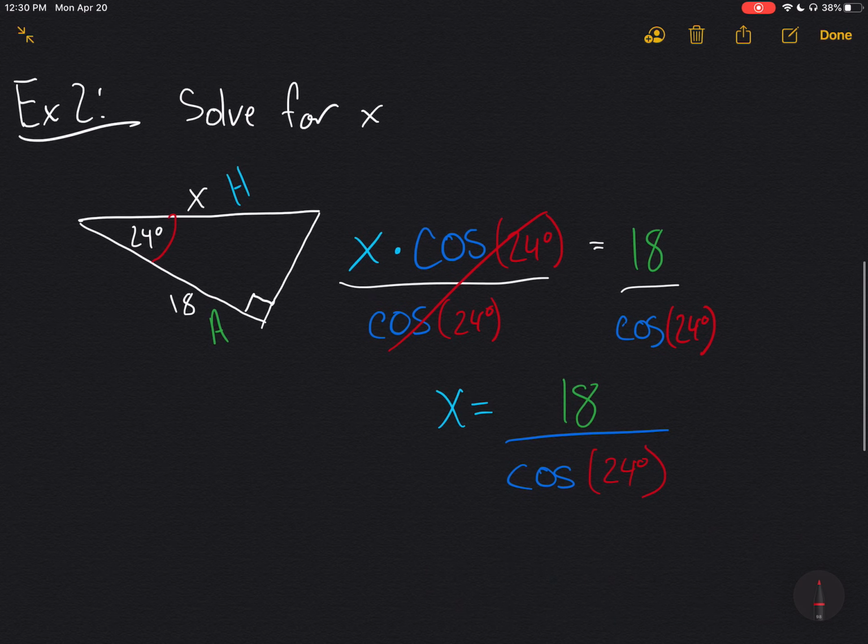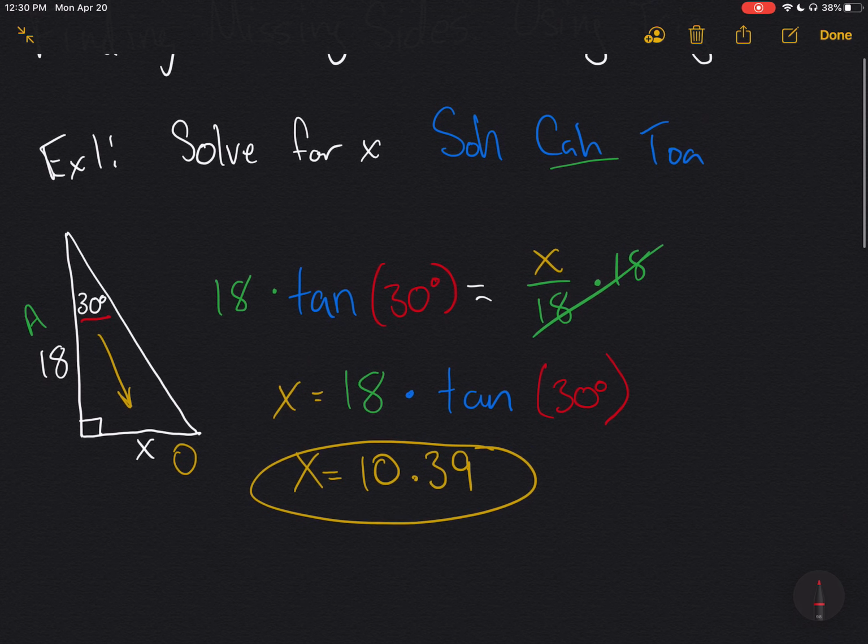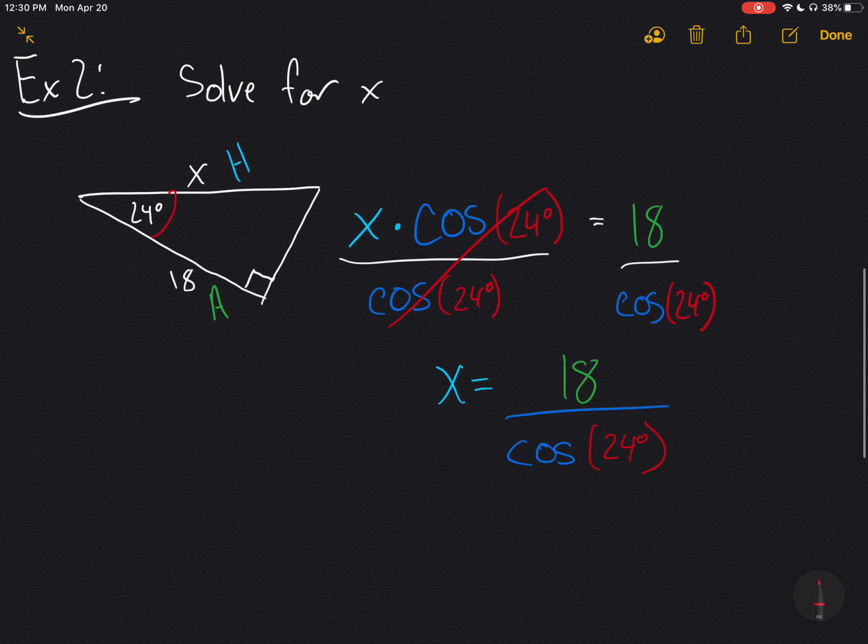Right? So two options. You either had 18, or your number that you're given in the problem, times some trig function, or your number divided by some trig function, and that'll depend on if x is in the numerator or if x is in the denominator.